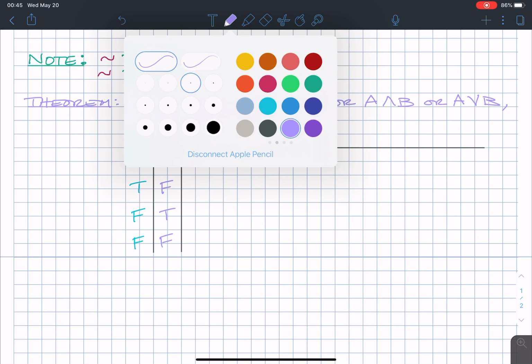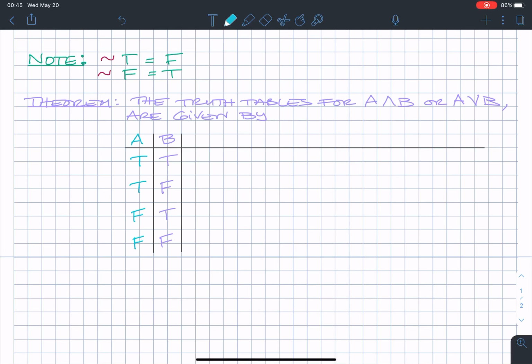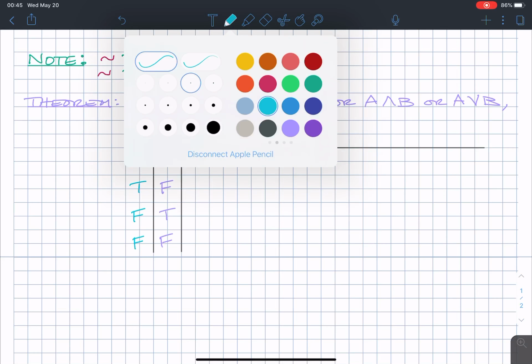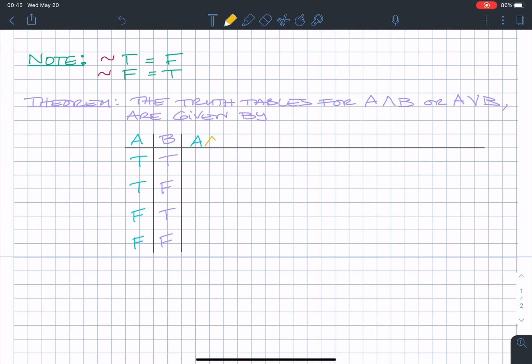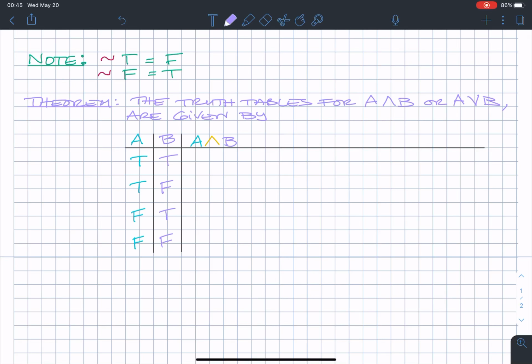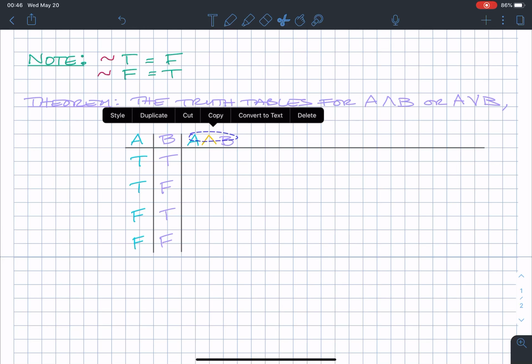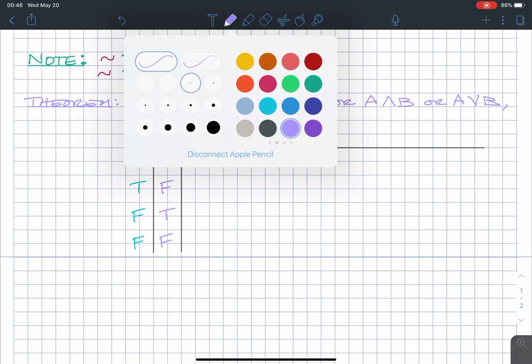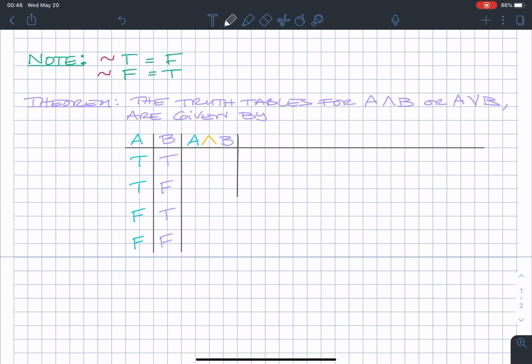Okay, so now I would like to consider A and B. They both have to have the same truth value. Well, let's look at this.